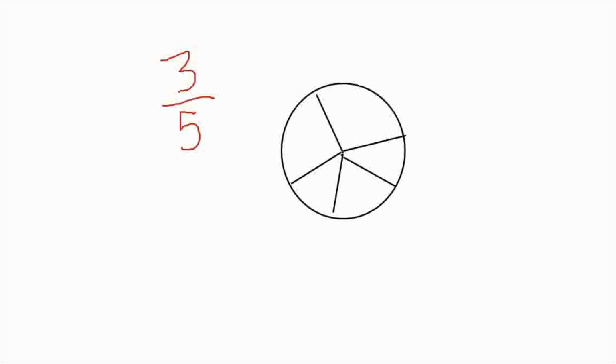You're taking an entire quantity and chopping it up into 5 equal pieces. I'll number them 1, 2, 3, 4, 5. Now the top number tells you how much of those little portions you have. So 3 over 5 means you have 3 of the pieces that you get when you chop it into 5 pieces. I'll shade them green, that's how much of the pizza you have.